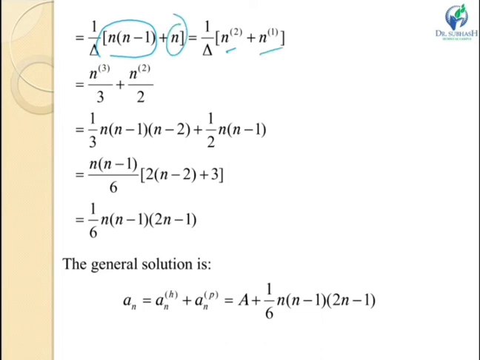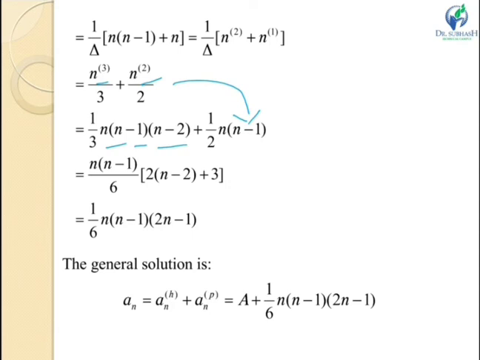Now since it is 1 upon delta, I will integrate this. So n to the power 2 will become n cube by 3, and n raised to 1 will be transformed to n square by 2. I have done simple integration. Now again, this n raised to 3 can be written as n into n minus 1 into n minus 2, and this n square can be written as n into n minus 1.